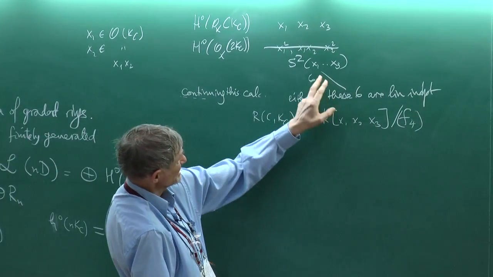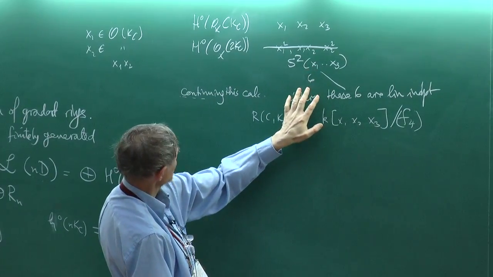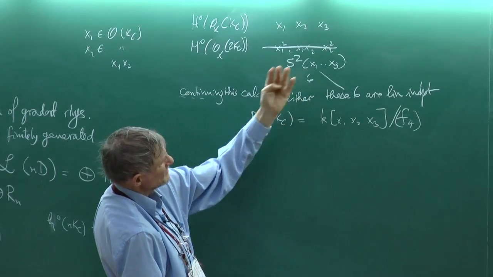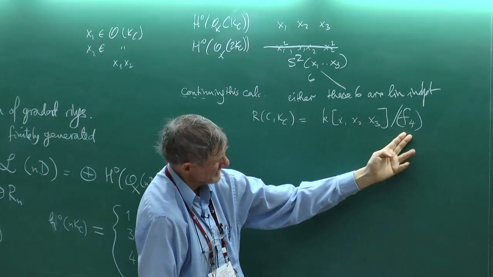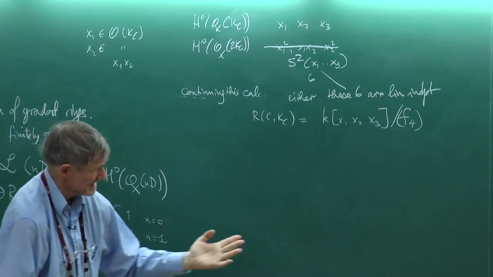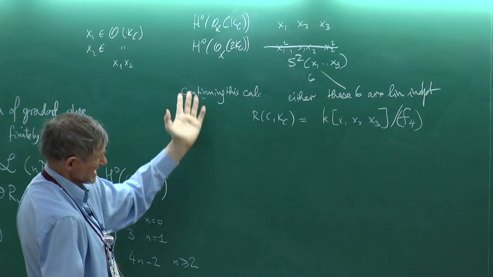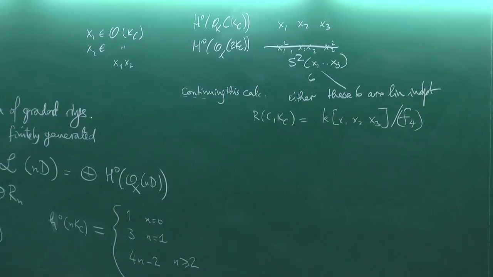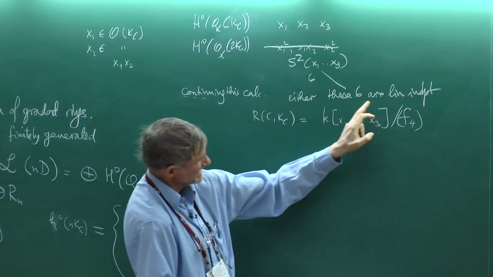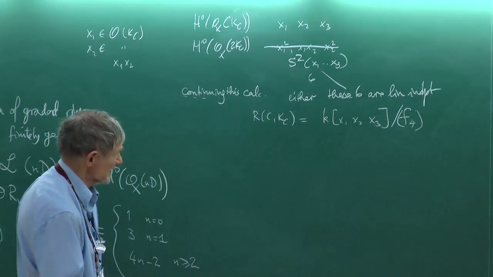So if you continue this calculation, you'll find there are 10 of these monomials in degree 3, and there are 15 of these monomials in degree 4, whereas the Riemann-Roch space is only 14-dimensional. So there must be a relation here. And if you do this calculation honestly and in good faith, you will come to the conclusion that given that these 6 are linearly independent, this is the only possible structure for the ring.